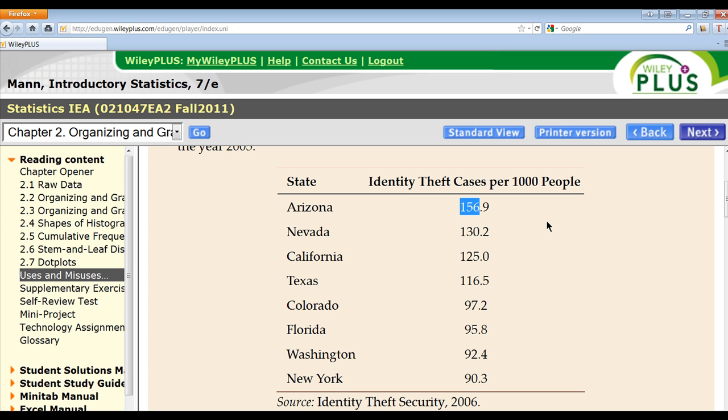In Nevada, it was 130. In California, it was 125. In Texas, and so on. So where does identity theft occur most often per 1,000 people? In Arizona.